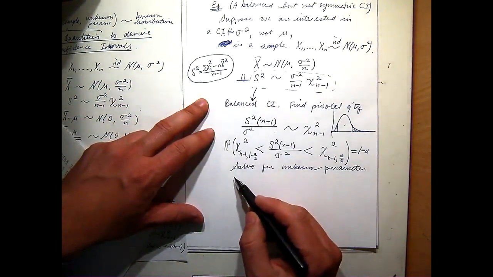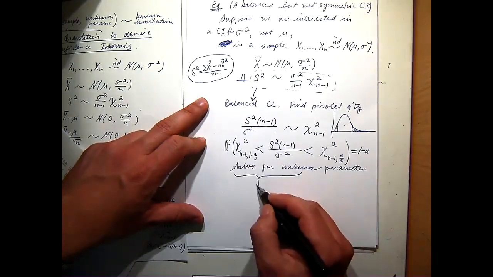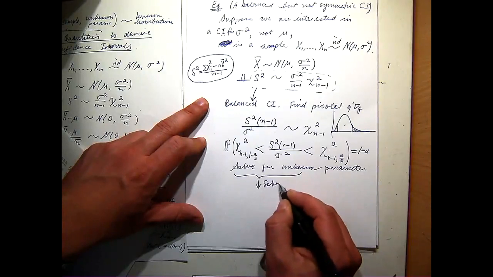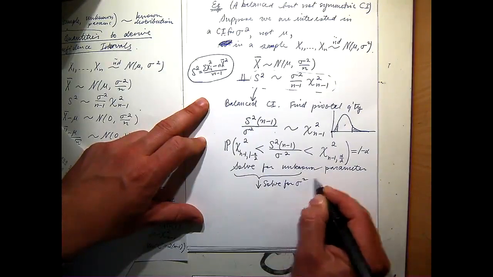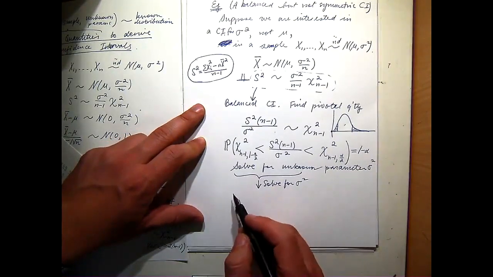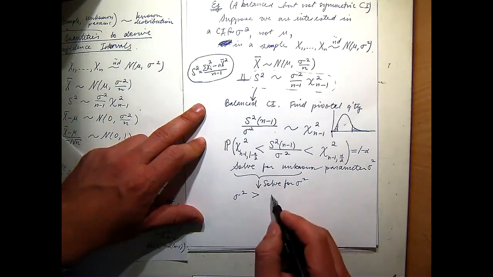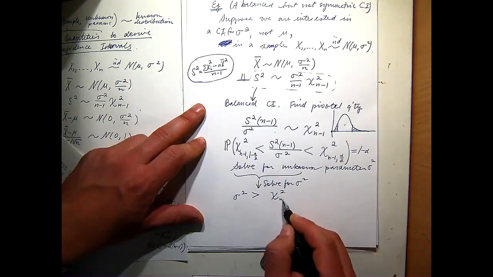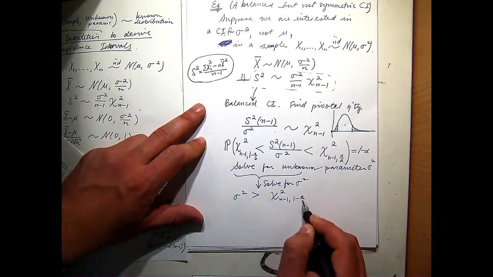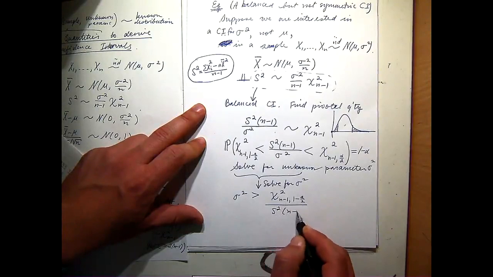There are actually two inequalities that are true at once here. I solve that for sigma squared, and you would get sigma squared has to be greater than a certain thing: the quantile chi-squared n minus 1, 1 minus alpha over 2, divided by s squared multiplied by n minus 1.